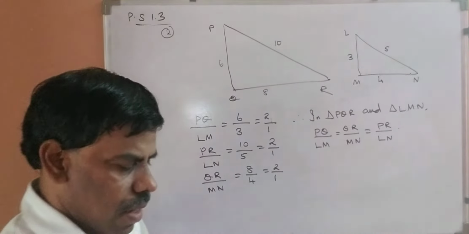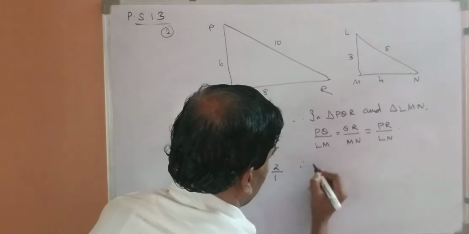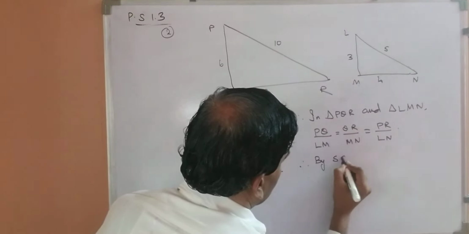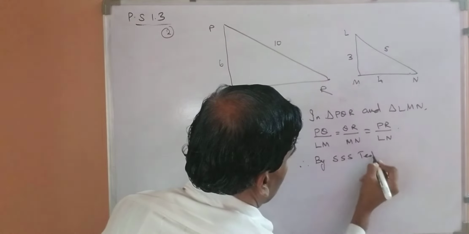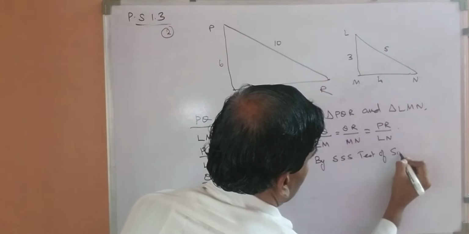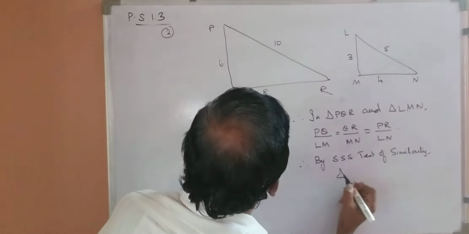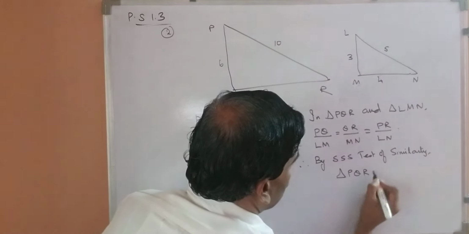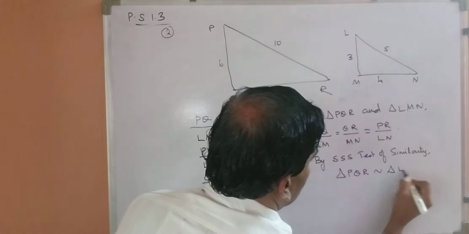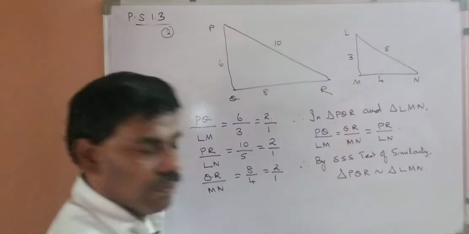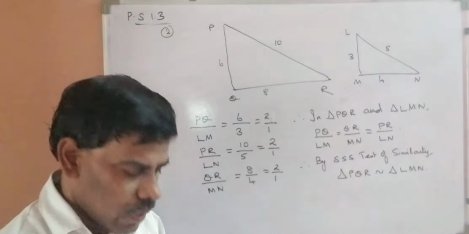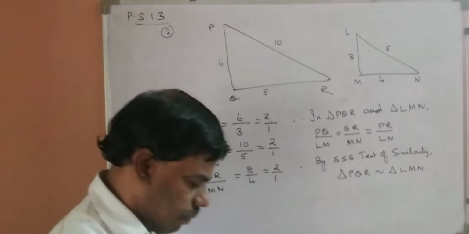So what does it mean? Therefore, by SSS test of similarity, triangle PQR is similar to triangle LMN. Followed? This is simple. Now third one we will see.